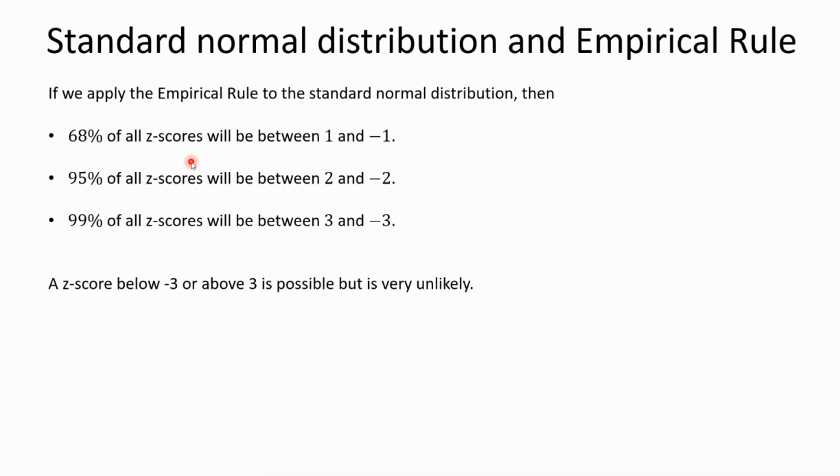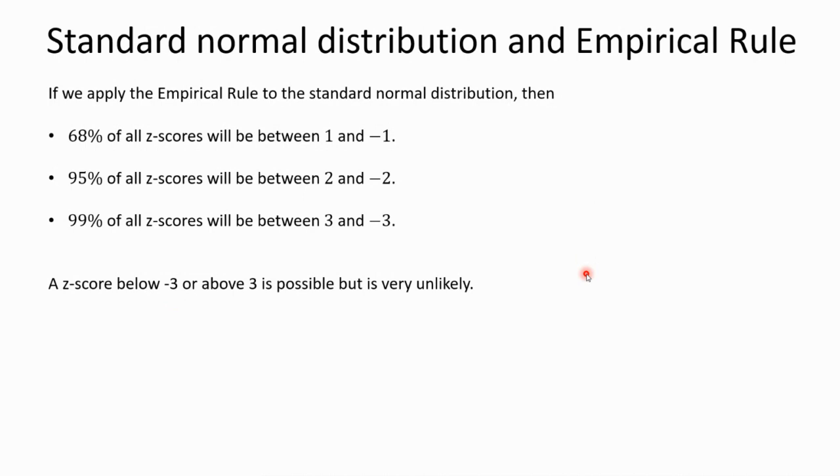And if you remember, data values that are further than 3 standard deviations from the mean for a normal distribution are possible, but they're very unlikely. So with a standard normal distribution, z-scores above 3 or below -3 are possible, they're just very unlikely.